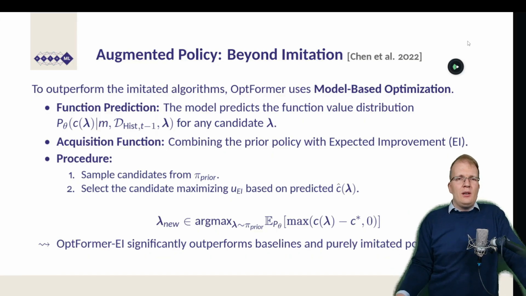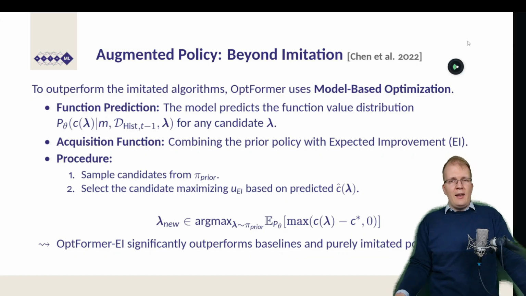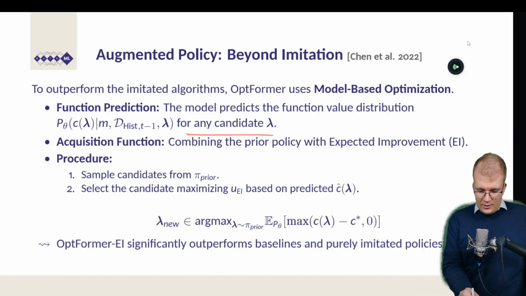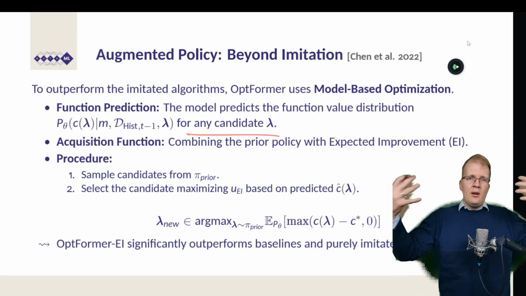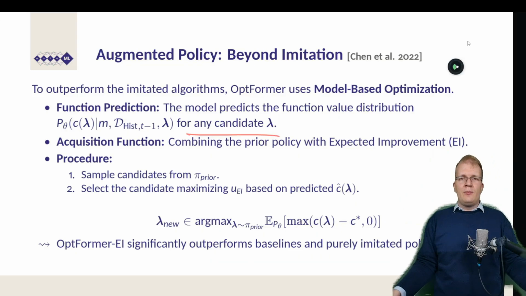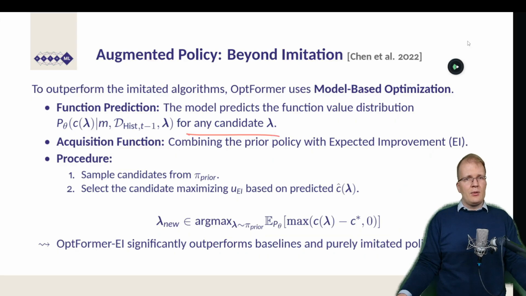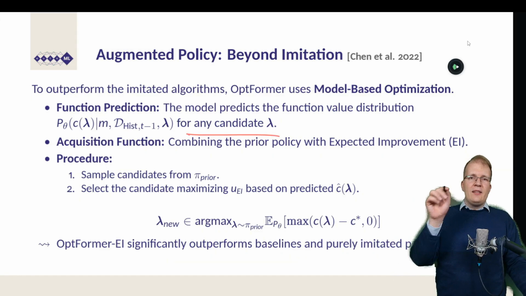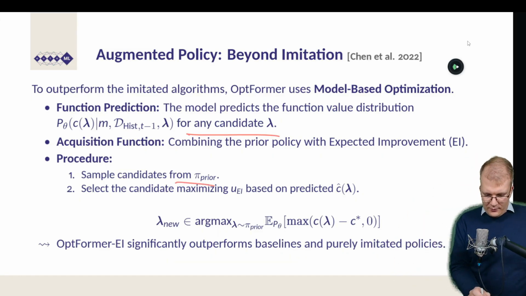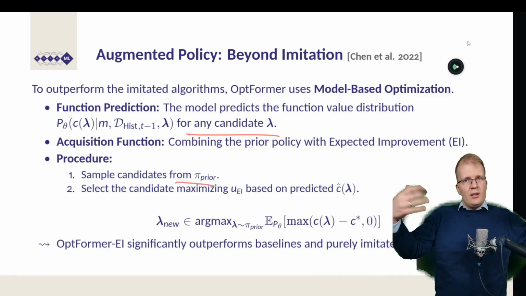So what we're doing here is a function prediction idea. The model predicts the function value distribution for any candidate in addition. So for any candidate which is sampled from what I've shown beforehand, we can now say, okay, how well should it perform? And then we can use, as always, an acquisition function like EI. We sample candidates from our prior, this was the last page, so that is really the transformer model.